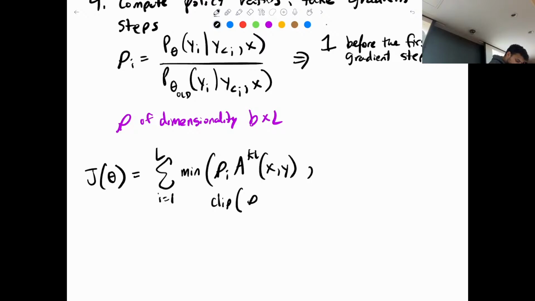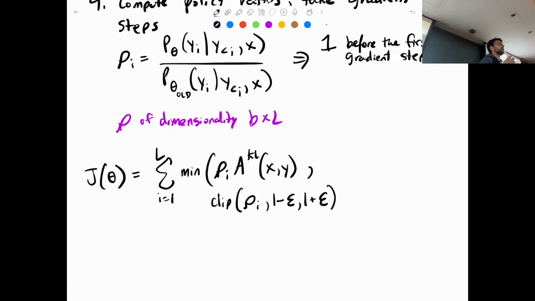I'm so bad at drawing these arrows. Okay. And then we had this hyperparameter epsilon that controls the width of this trust region, right?